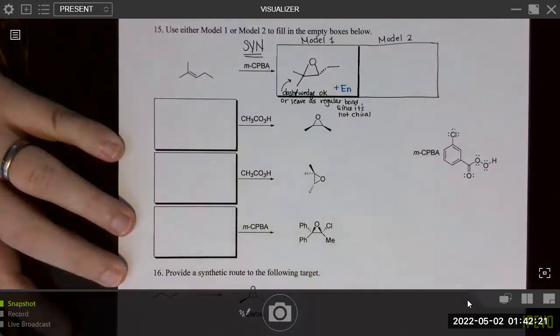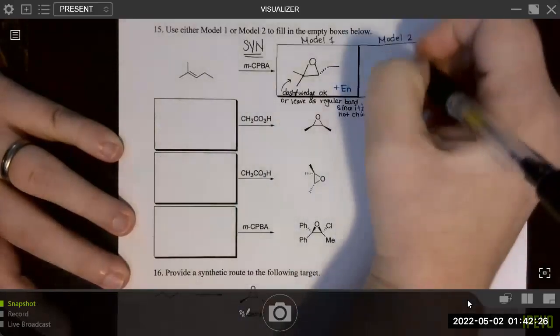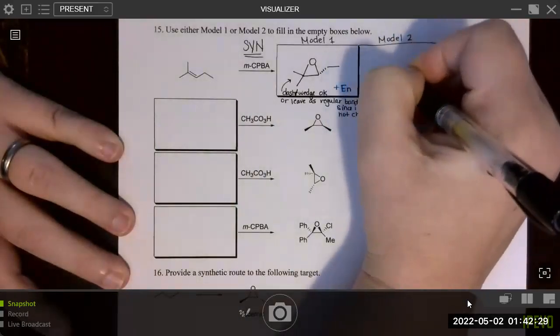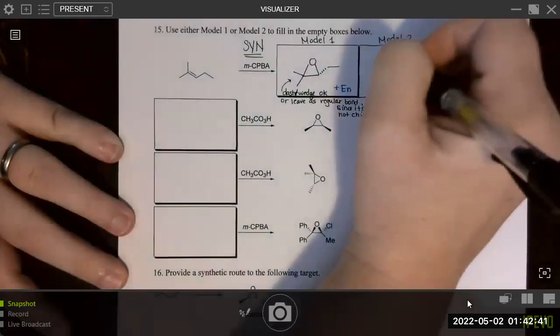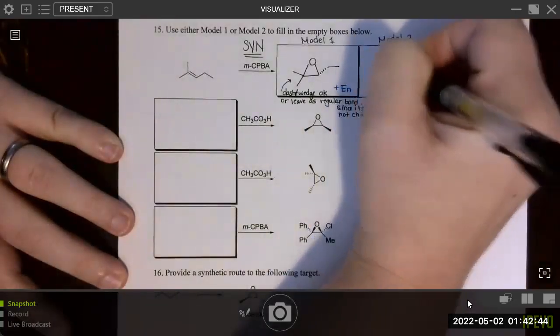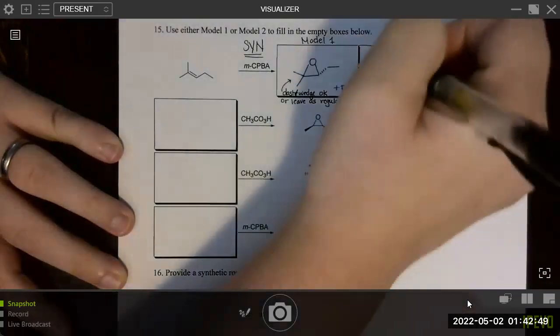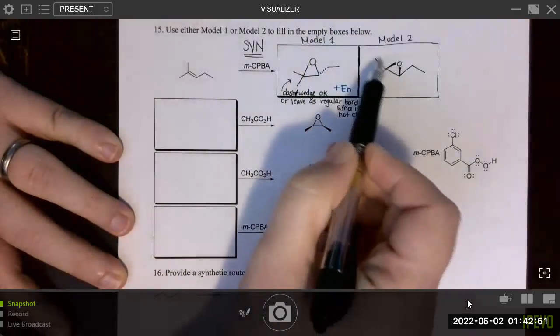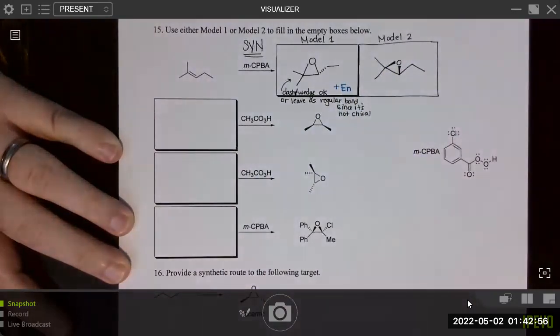Okay, what would it look like in model 2? So in model 2, there's a long carbon chain, and I like to just keep that as is, right? And then we'll add in the epoxide. So you either want to have both a wedge or both a dash, right? So for example, you could just do wedges. Again, this is not going to be a chiral center, so you could draw this as a dash, or you could just leave it as a regular line.